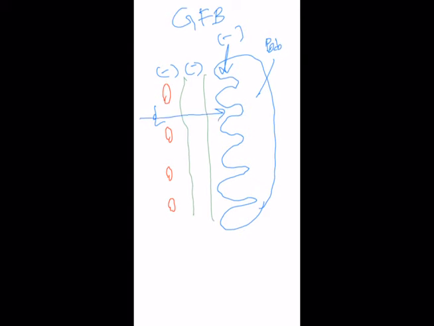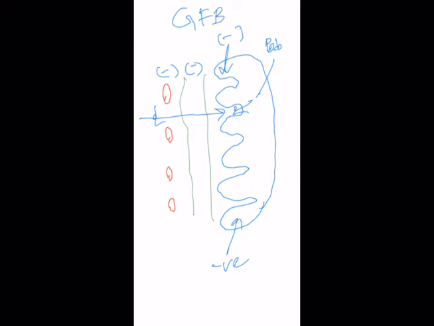This initial gap layer in the endothelium is known as fenestrations, and then these small gaps in the podocytes are known as filtration slits, and these foot-like processes contain a negative charge.